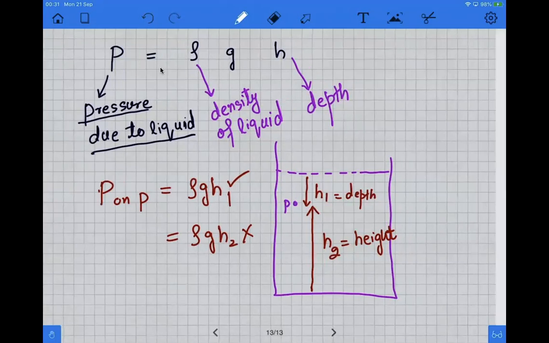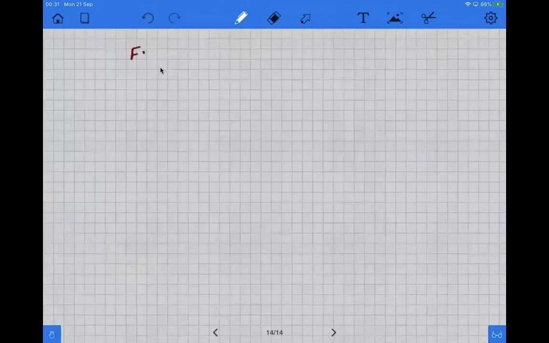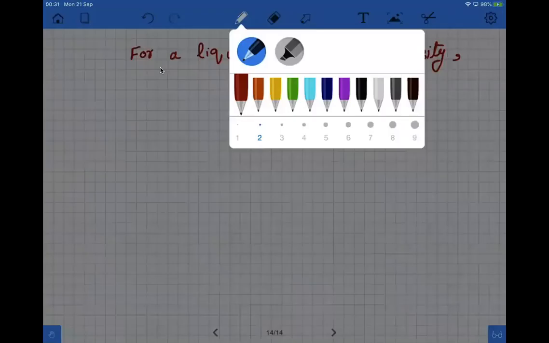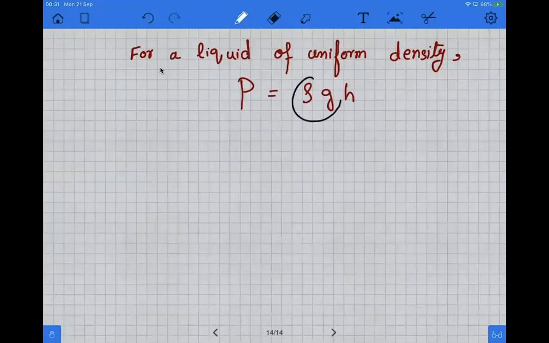Now let's assume a liquid of uniform density throughout the liquid. If a liquid has uniform density, then since P is equal to rho into G into H, these two will be constant.